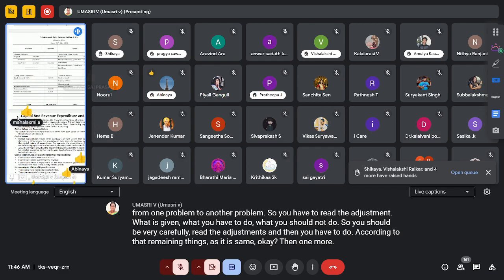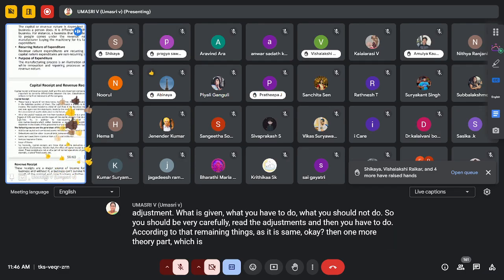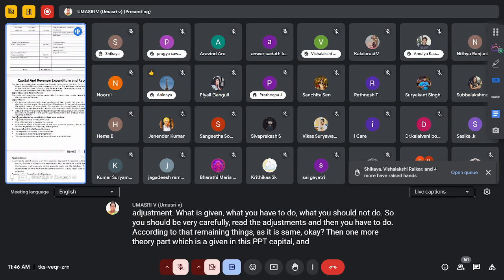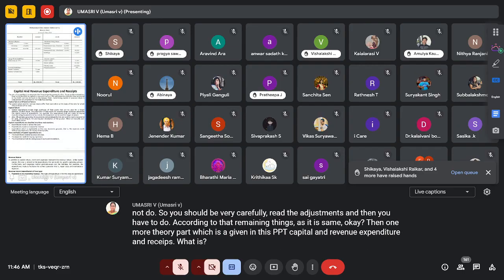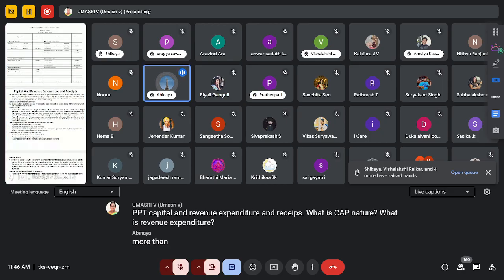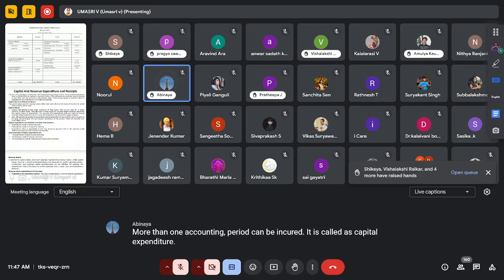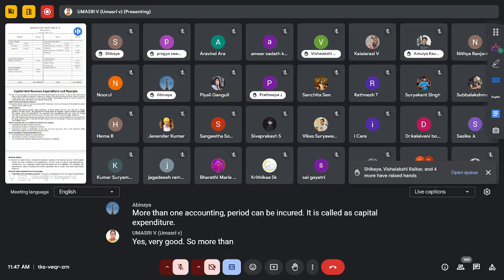Then one more theory part which I have given in this PPT, capital and revenue expenditure and receipts. What is capital expenditure? What is revenue expenditure? More than one accounting period it can be included. It is called capital expenditure. Yes, very good. So for more than an accounting period, what you are using?